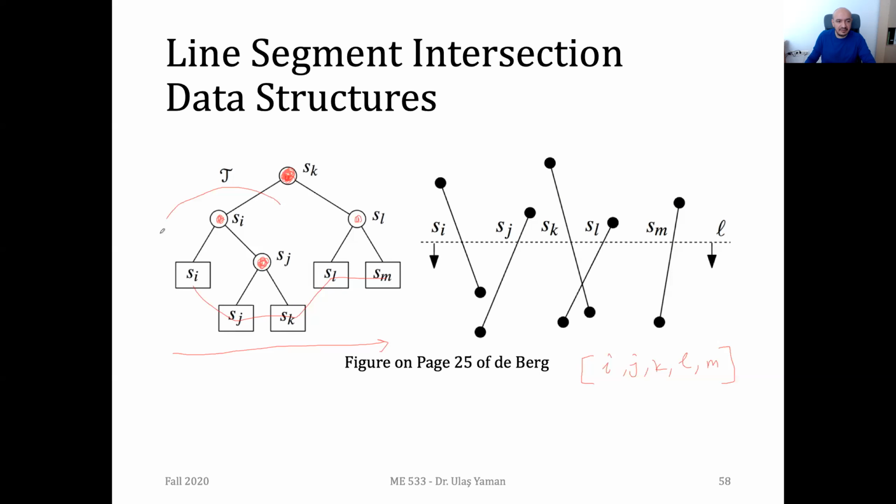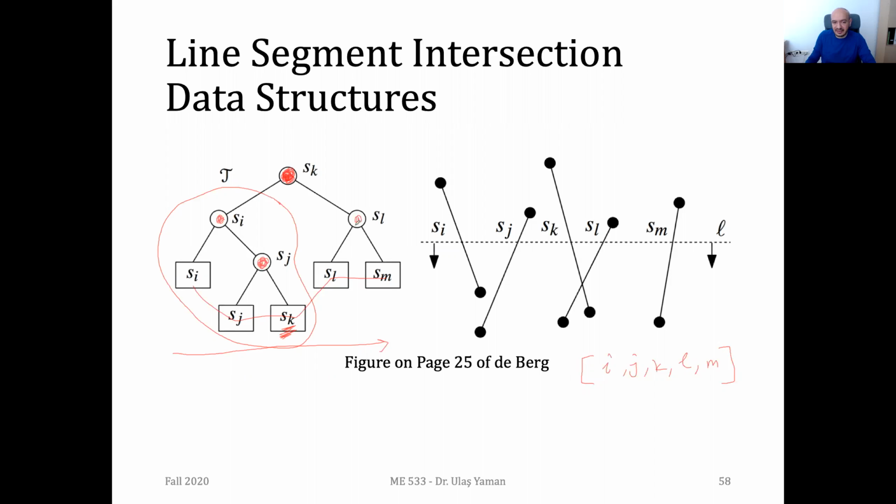So this is the left subtree of that internal node. And what is the rightmost leaf here? This is the rightmost leaf, right? Since it is SK, that's why we simply store SK into this internal node.